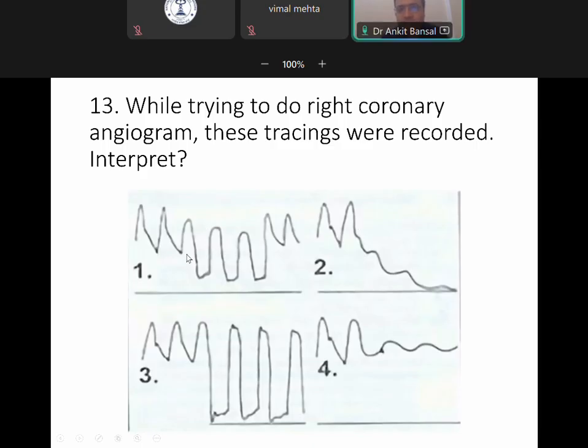In ventricularization, the pattern of the waveform changes. The waveform will look like a ventricular waveform. If the damping is also associated with ventricularization, then the systolic pressure will decrease. If there is no damping, then the LV systolic pressure will be equivalent to the aortic pressure.